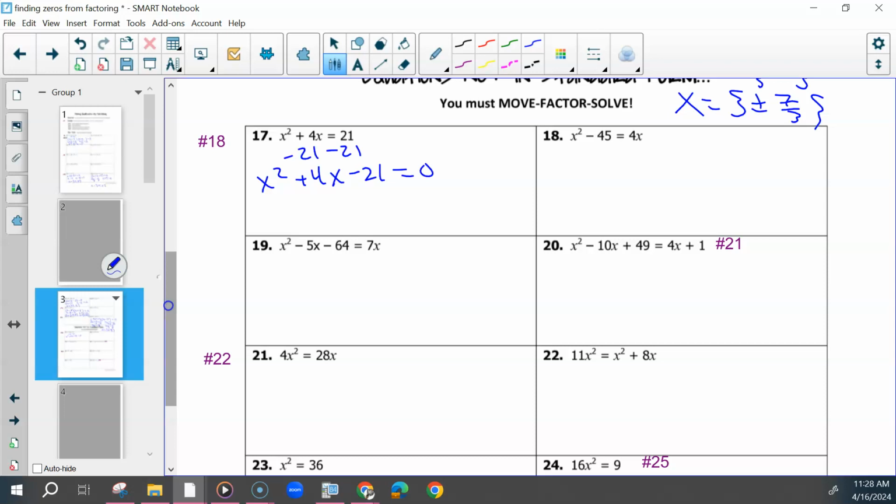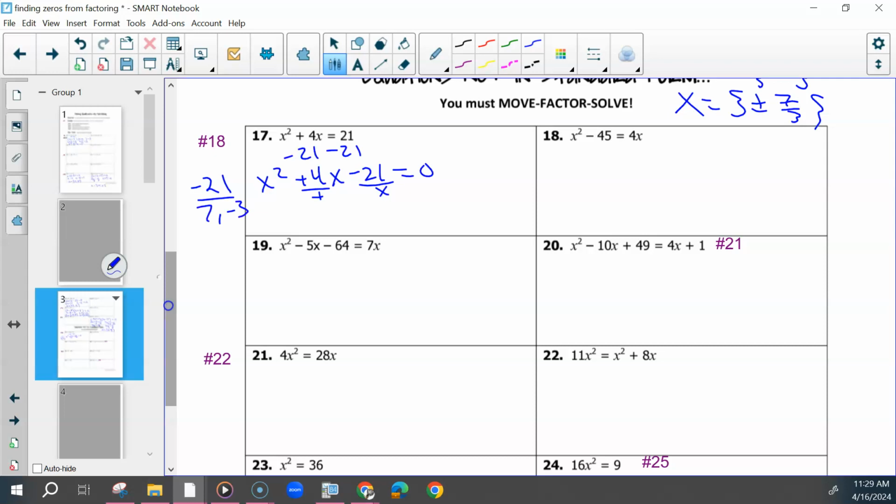So how would I factor this one? The two things that multiply to be c and add to be b, where a equals 1 trinomial.